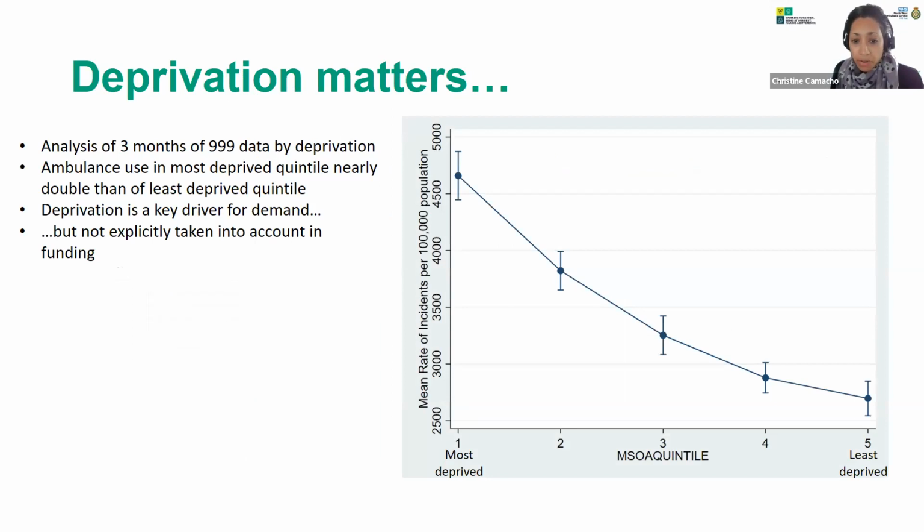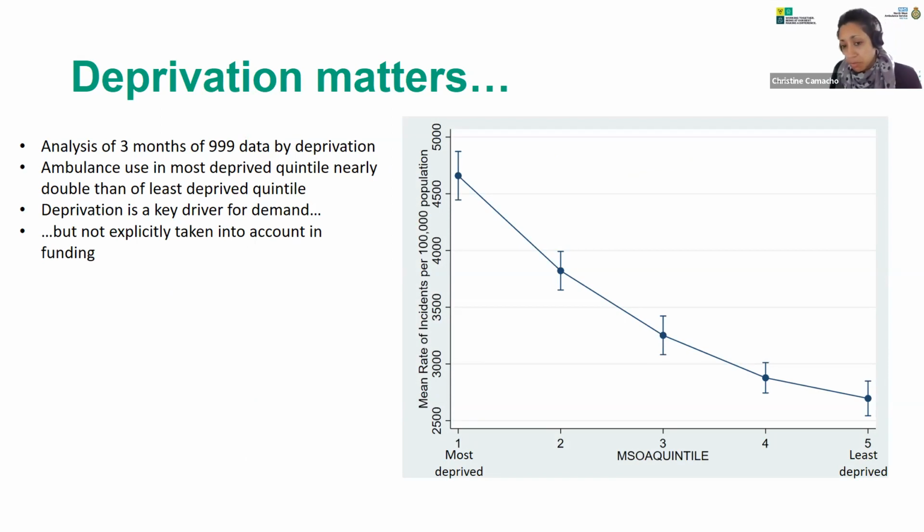So thinking about deprivation, what this graph is showing you is an analysis of our 999 data based on the deprivation level of where people live. This is split into five groups, so quintiles. Quintile 1 is the most deprived areas and quintile 5 is the least deprived areas.